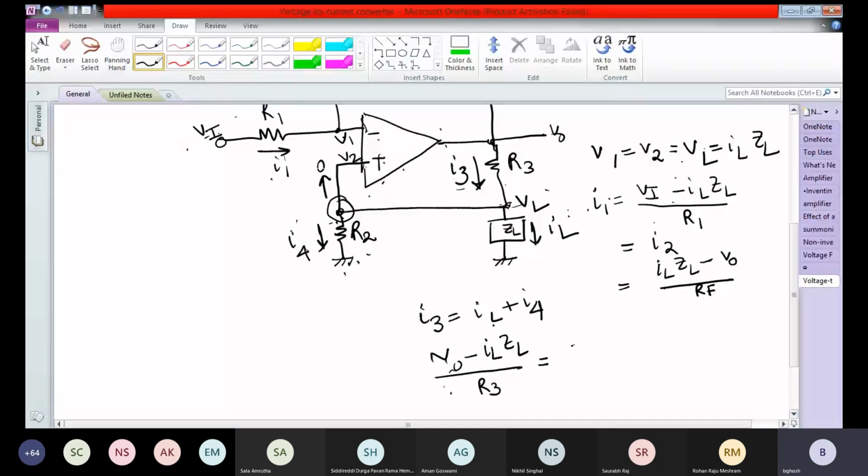That is equal to IL plus I4, which is VL, again ILZL, by R2.